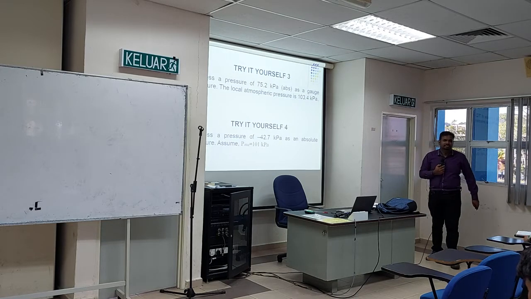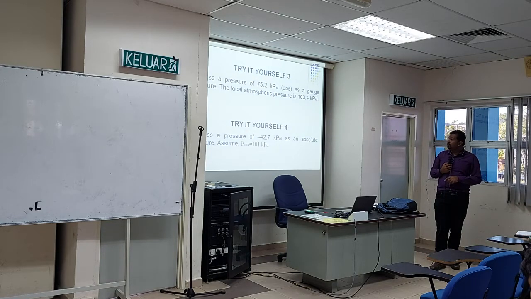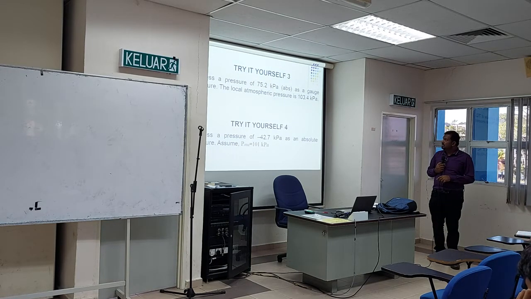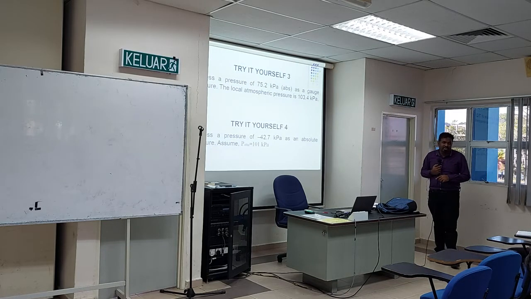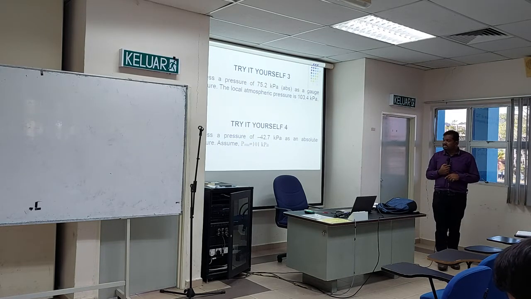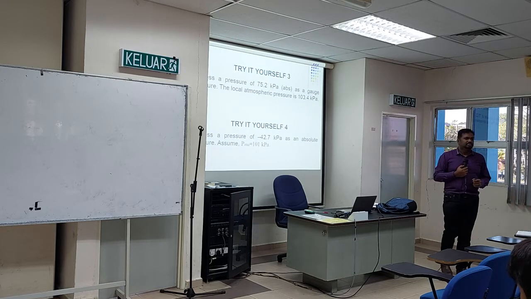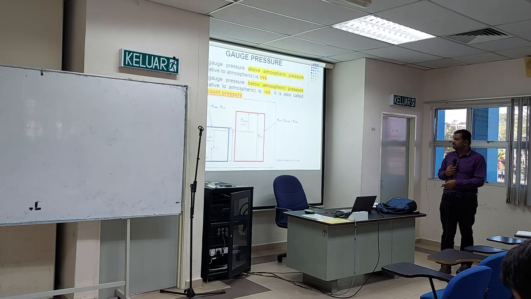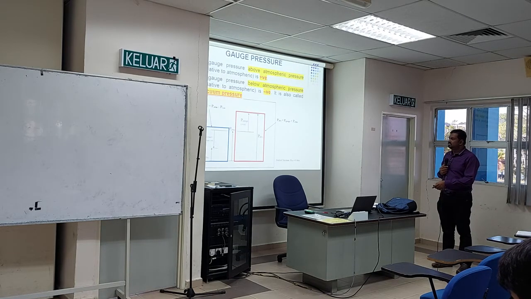Gauge pressure dia. So apa yang you perlu buat? 75.2 minus 103.4. Okay, so gauge pressure ni dia boleh negatif. Dia boleh negatif sebab yang ni, dia di bawah atmospheric pressure. Sebab itu you dapat negatif.